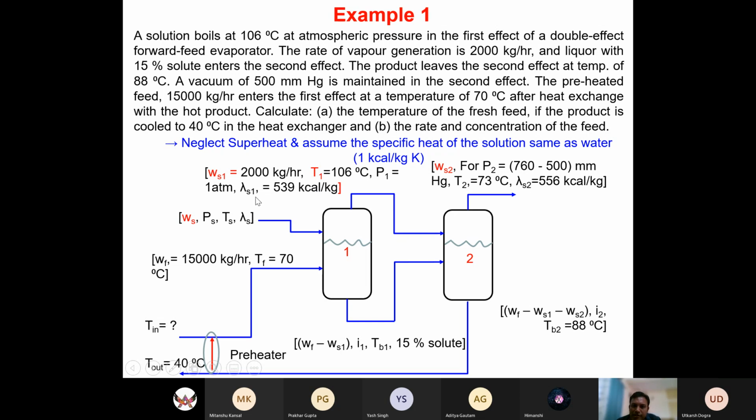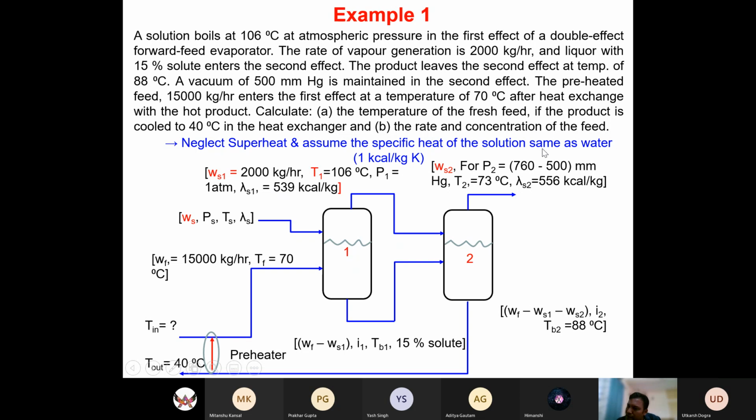From the steam tables given at the back side of the book, we can directly obtain this lambda S1 for this temperature. Once we know the saturation temperature is 106, the latent heat of vaporization comes out to be 539. That we can directly take from the table at the backside.